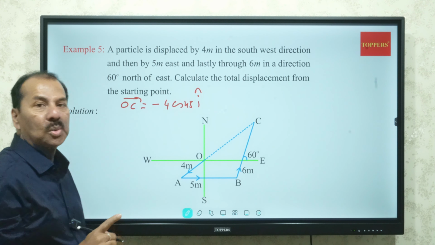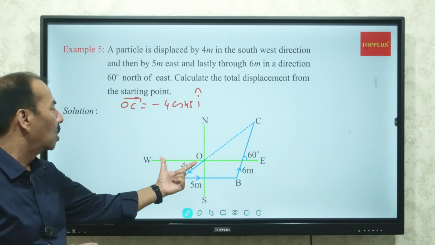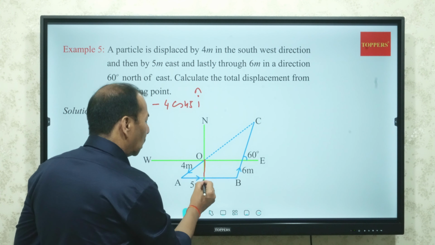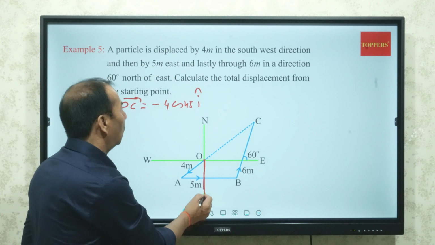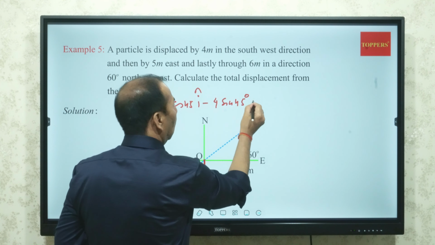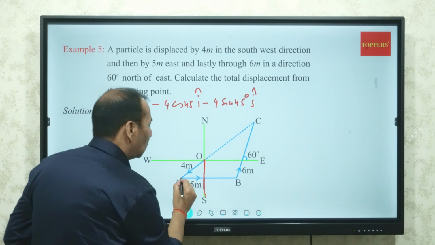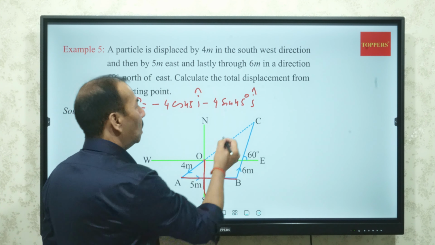The unit vector I am using is i for the x-axis, minus sign because it is towards the negative x-axis. Another component was 4 sin 45 towards south, meaning towards the negative of y. So minus of 4 sin 45 j along the y-axis. 5 meter east towards the positive x-axis, so plus 5i.